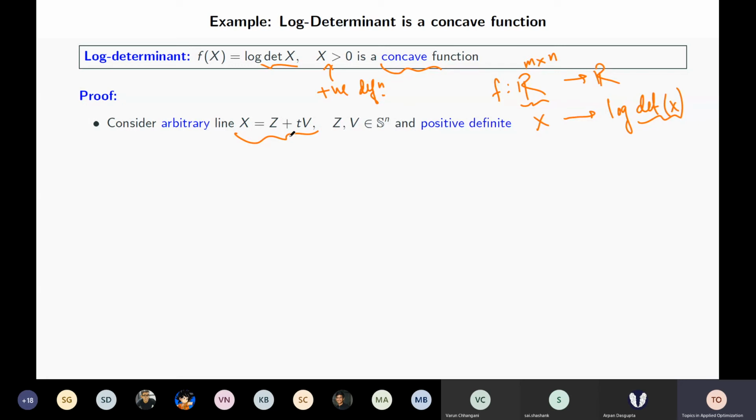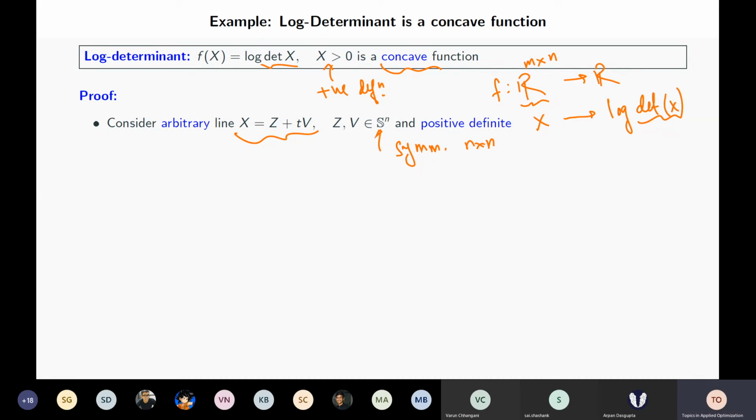So an arbitrary line joining 2 points will be... Yes, S^n, those are matrices of size n by n. These are symmetric n by n matrices, and positive definite. These things are given here. Positive definiteness is defined for symmetric matrices, because for a rectangular matrix we don't have concepts like eigenvalues.